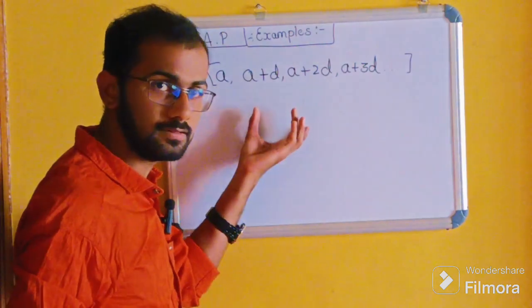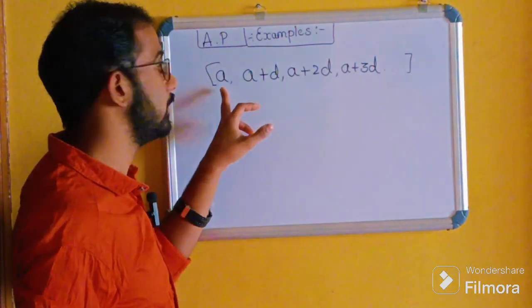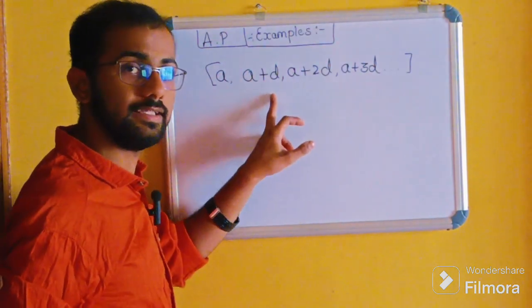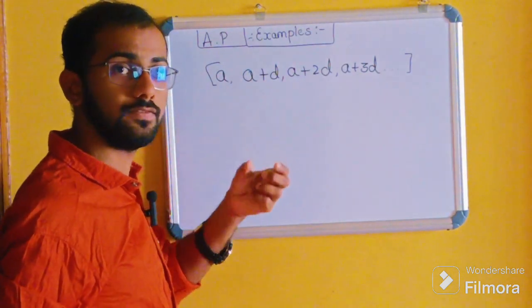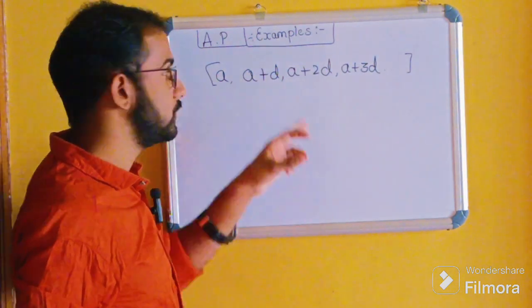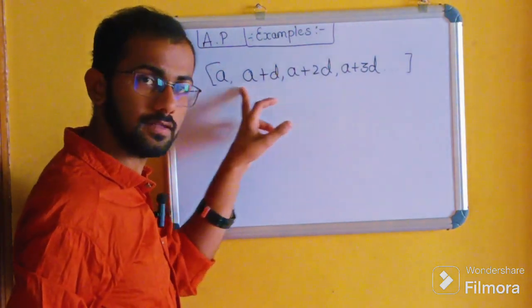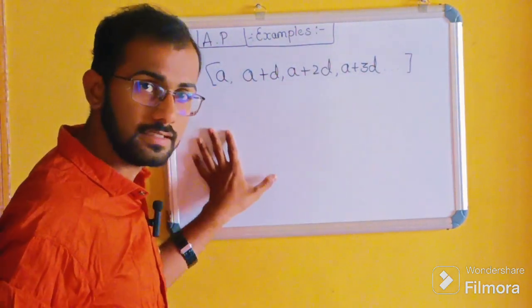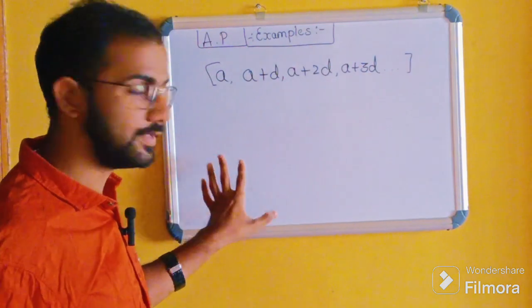In a sequence, the first term is indicated by the letter a. And what is d? d is the common difference, the difference between two consecutive numbers in a sequence. These things I have explained in my previous video.